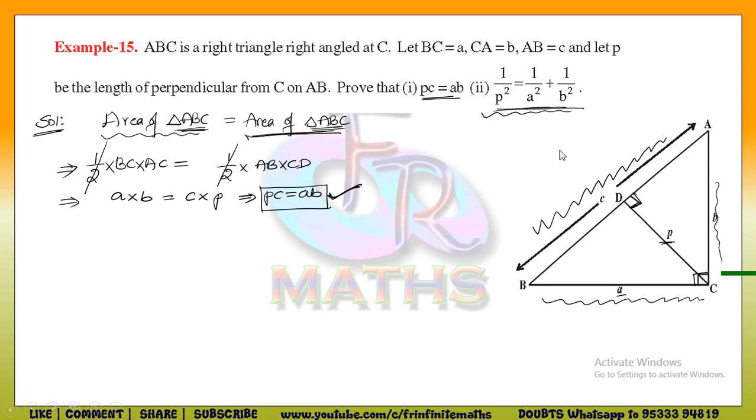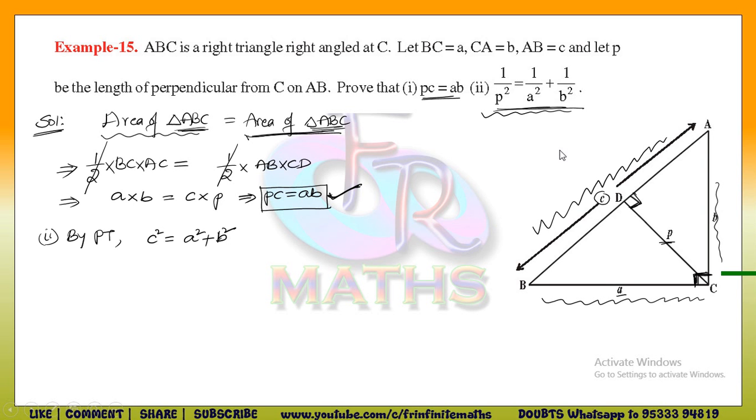To prove that, I am going to make use of Pythagoras theorem. By Pythagoras theorem, since it is right angled at C, this particular c will be my hypotenuse. So clearly c square is equal to a square plus b square, right?